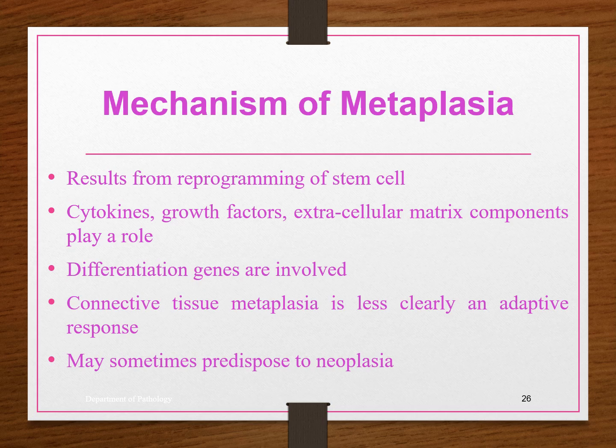It results from the reprogramming of the stem cells. Cytokines, growth factors, extracellular matrix components all will play a role. Differentiation genes are also involved. Connective tissue metaplasia is less clearly an adaptive response, may sometimes predispose to neoplasia.